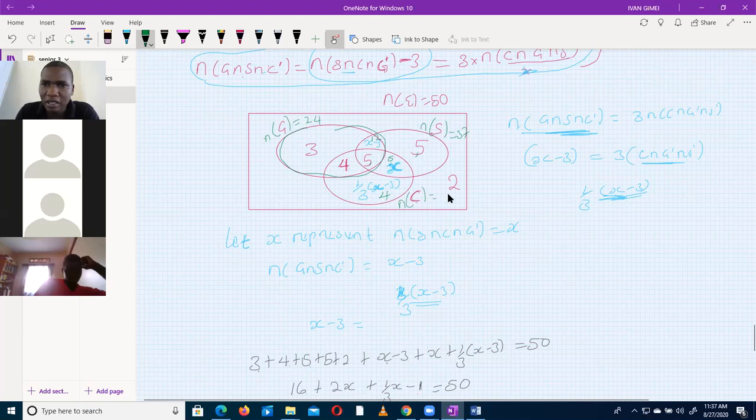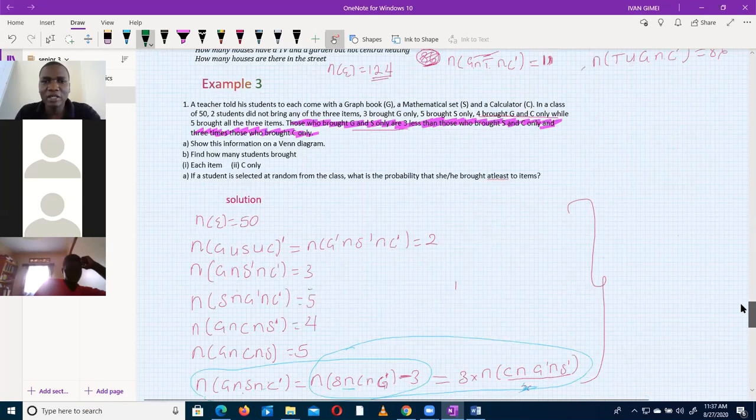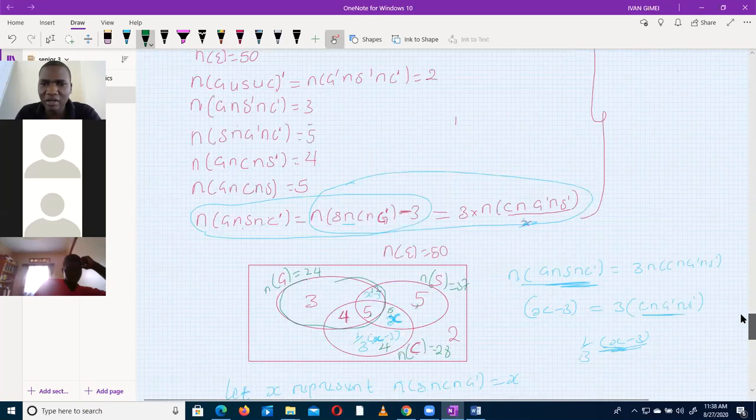So 28. And you have now found the number of students who brought each item. Then the other one is those who brought C only. Those who brought C only, there are 4. You can see it.